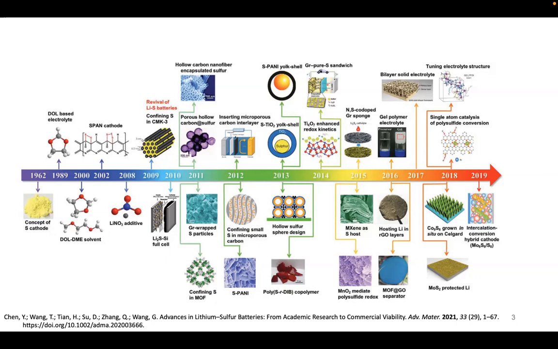And so what you do with inverse vulcanization is you invert that. So you open the S8 rings and then you cross-link it with polymer so that polysulfides are not generated, and then they're anchored by the polymer that's cross-linked down to the sulfur polymer, and thus does not get shuttled over to the anode. So there's a lot of work when it comes to inverse vulcanization. That's a very popular strategy.